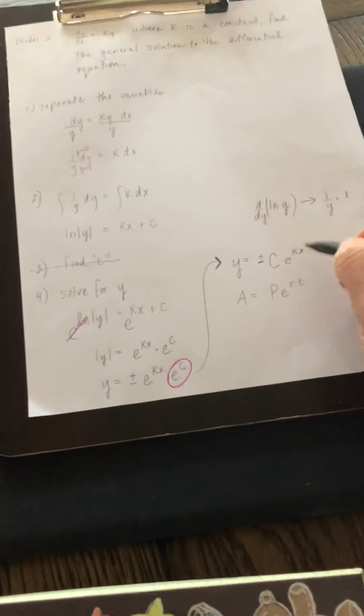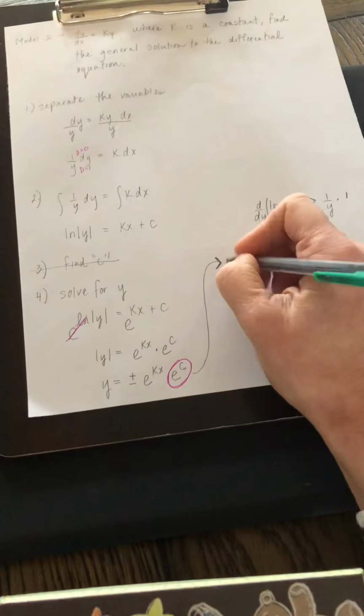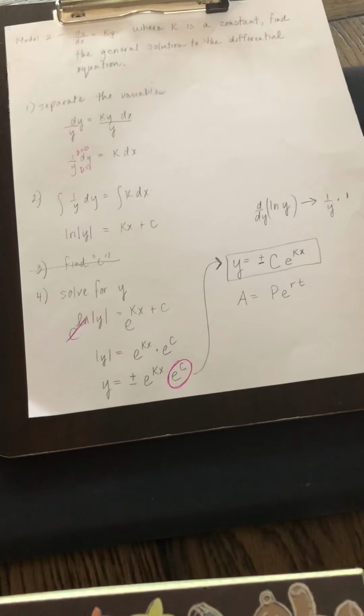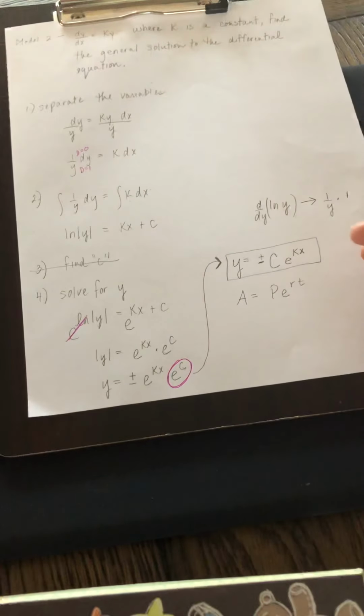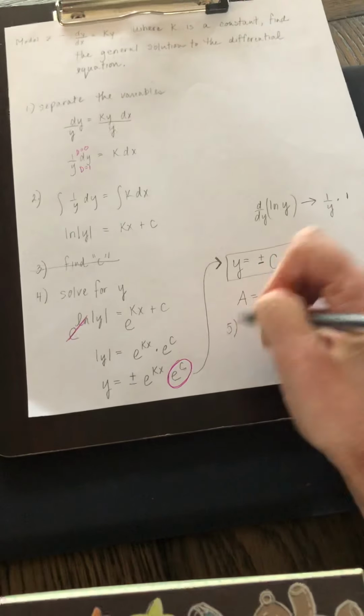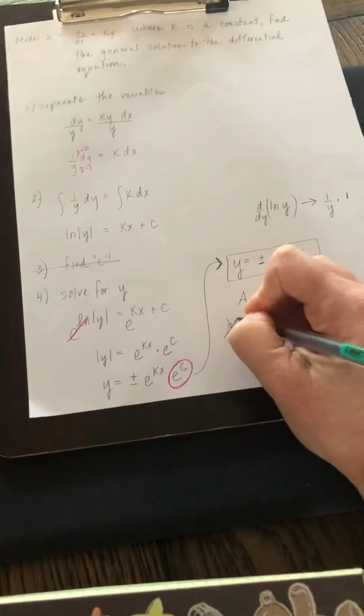So this is our final answer here. We would not be able to figure out if it was positive or negative. Again, we don't know the C value. We don't know the initial condition. So step 5 is not to be done here.